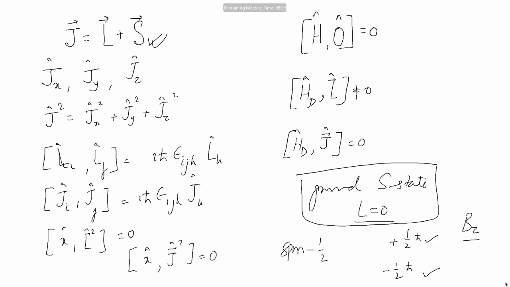That is, [J square, Jx] is 0, [J square, Jy] is 0, [J square, Jz] is 0, but [Ji, Jj], that means [Jx, Jy], is not equal to 0.